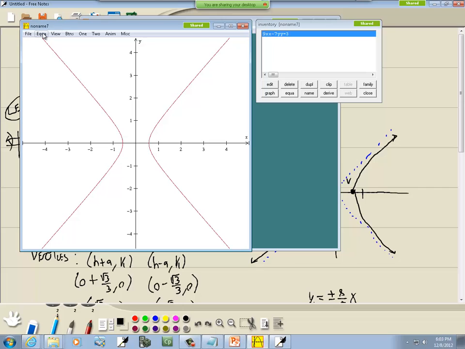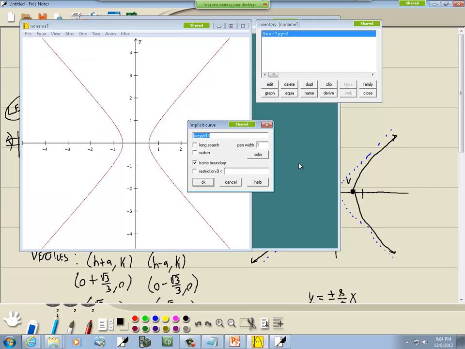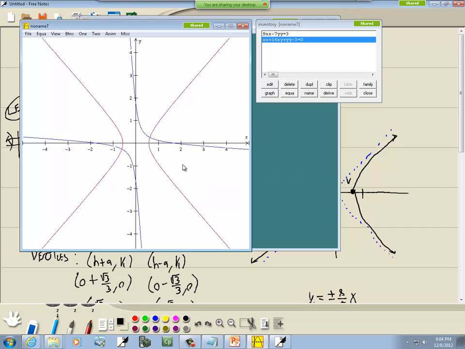Well, this one actually allowed me to put the original one in, and let's see if it looks like it's correct. So if I do implicit, our original problem was x squared plus 16xy plus y squared minus 3 equals 0. Does that look like the red has been rotated 45 degrees?